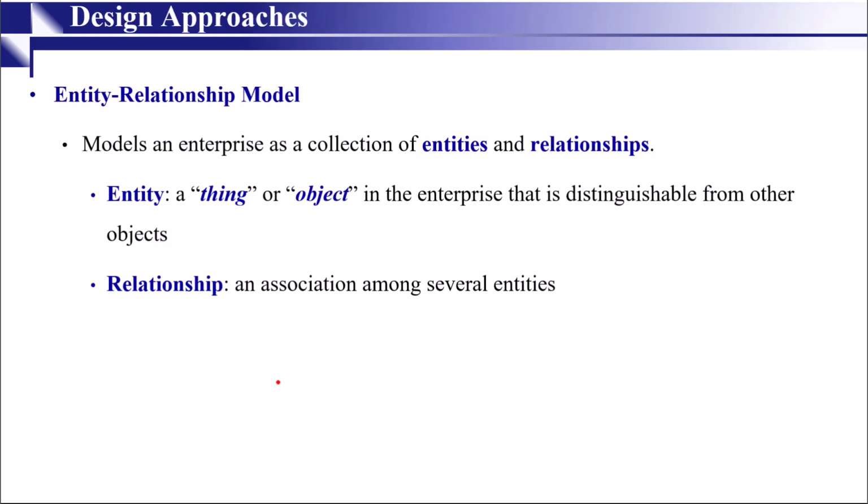Now, let's talk about the ER model, or the entity relationship model. This is a kind of conceptual tool we use to design databases visually before we go to the implementation phase.